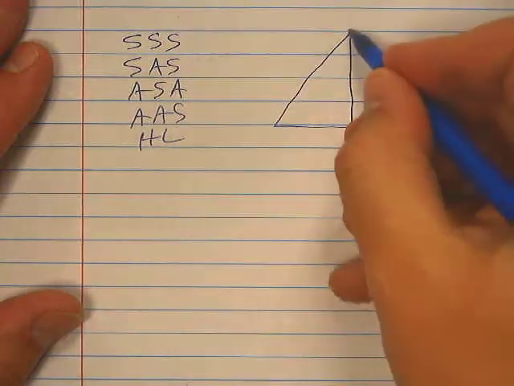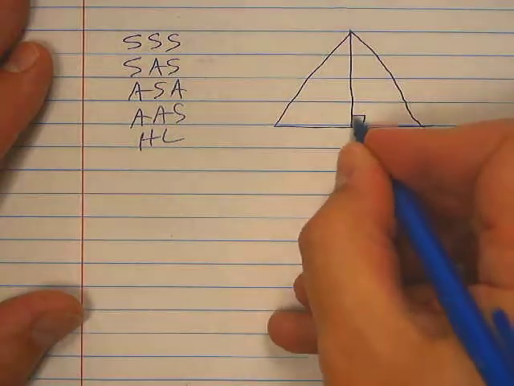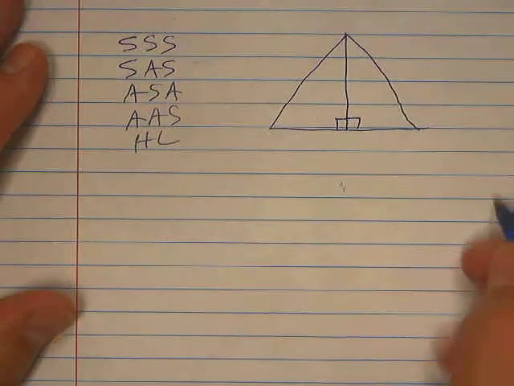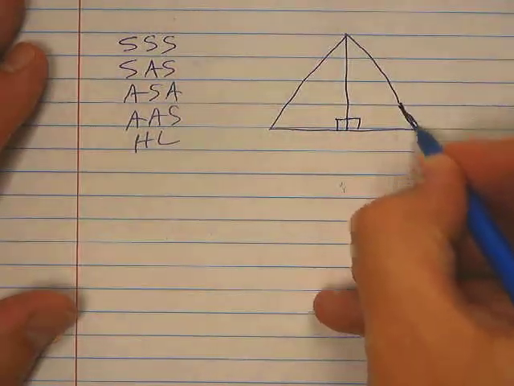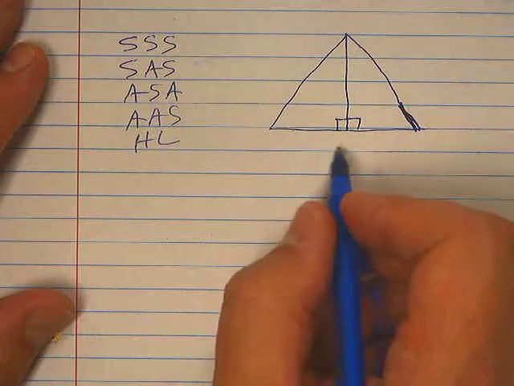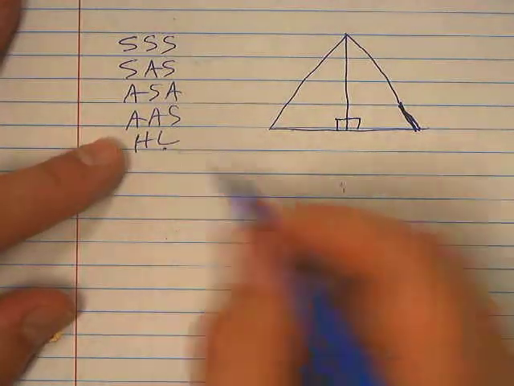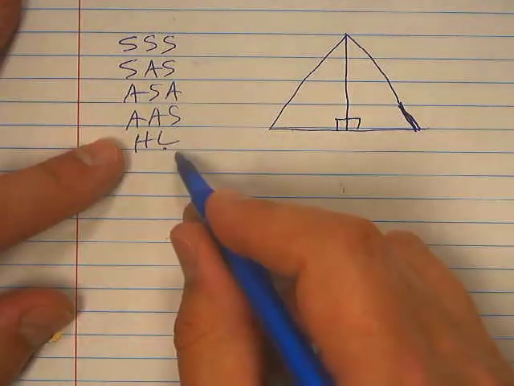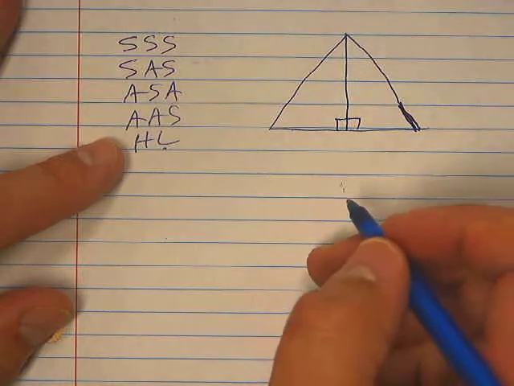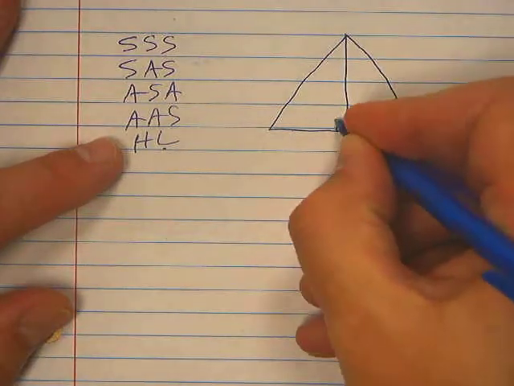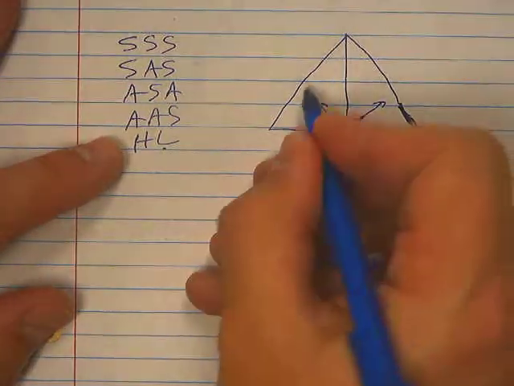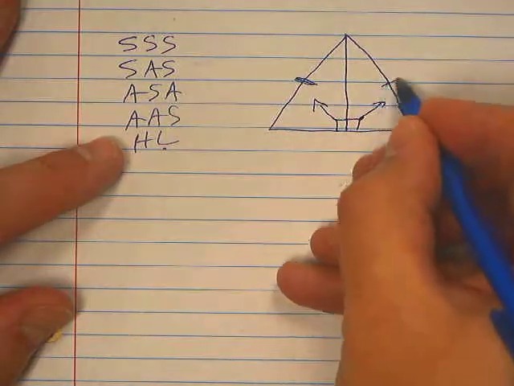Now, if you ever have 2 triangles that both have a right angle, that doesn't guarantee that they're congruent. That doesn't guarantee that it's HL, because we know HL is just for right triangles.